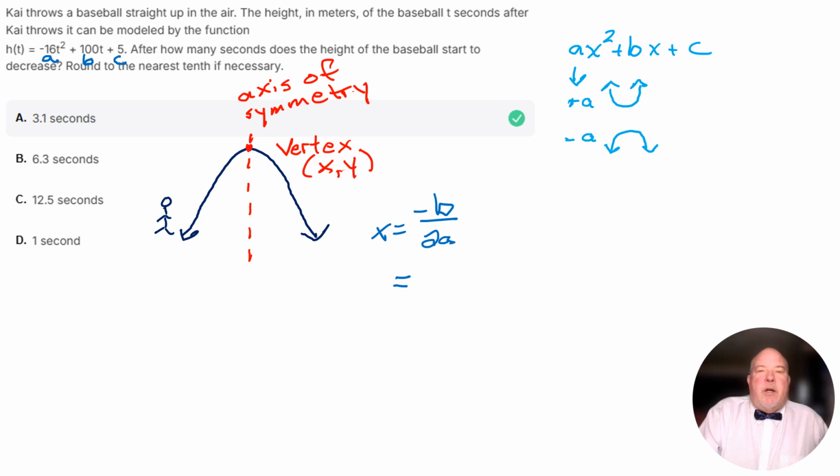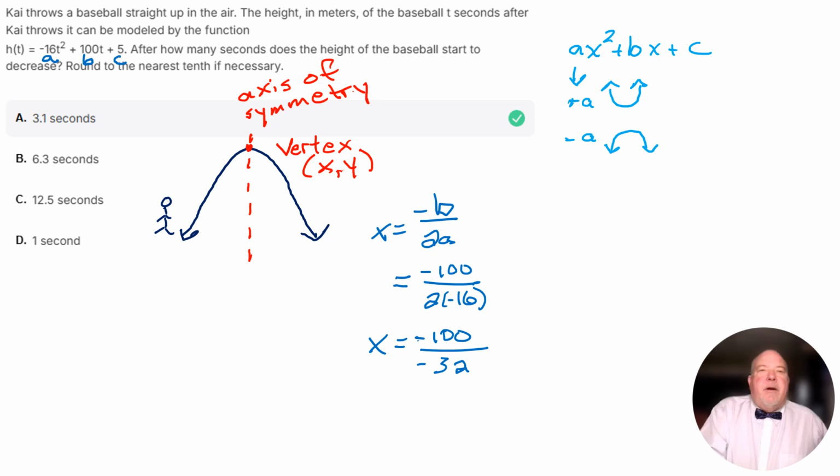So the b is 100, but the formula here is negative b, so I'm going to put negative 100 over 2 times the a value, which is negative 16. So the x value we're looking for is negative 100 divided by negative 32.